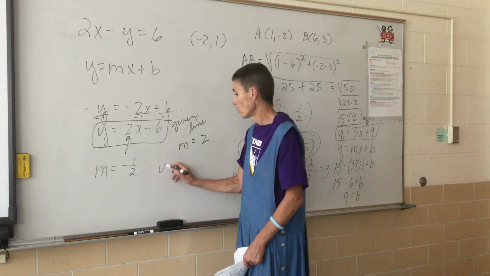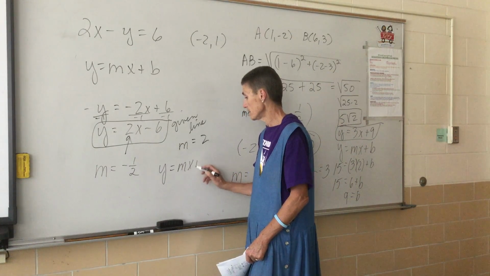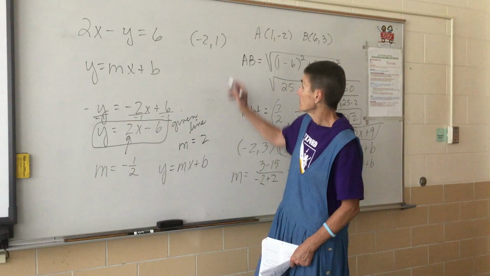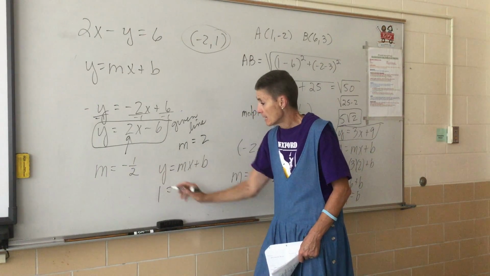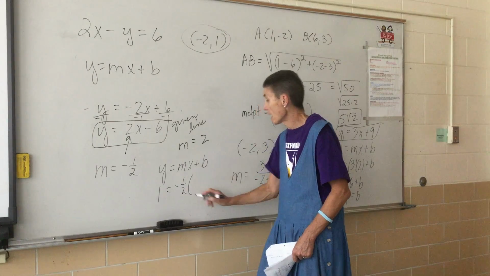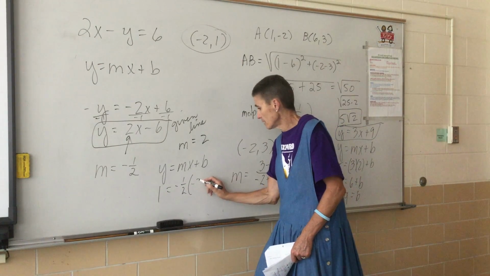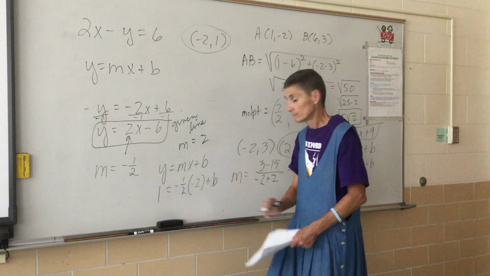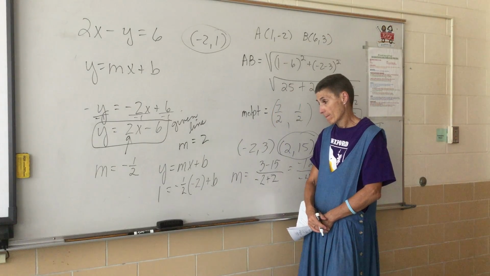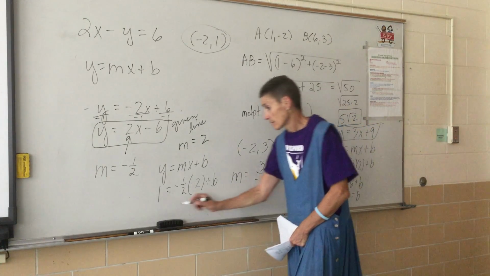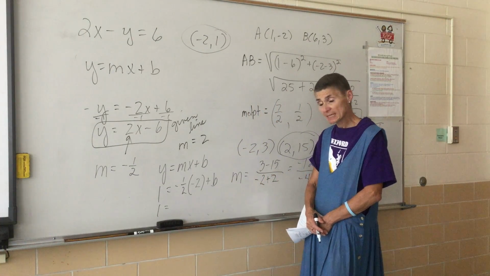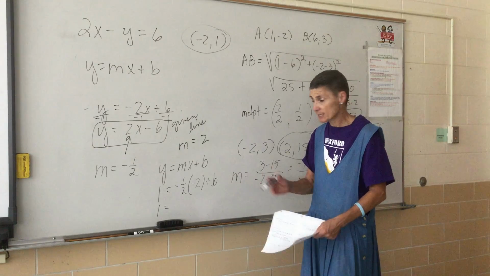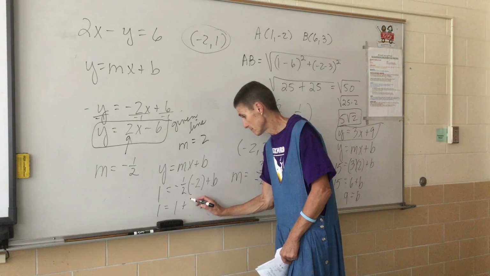So I'm going to write my equation, y equals mx plus b. I'm going to use my point they gave me, so y is 1, m is negative 1/2, x is negative 2. Negative 1/2 times negative 2, they cancel each other out and make 1.